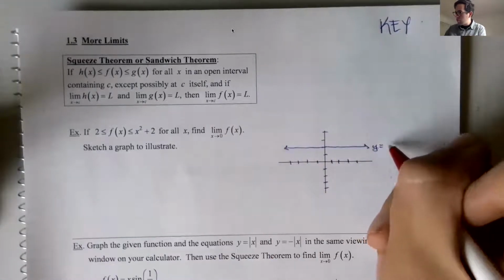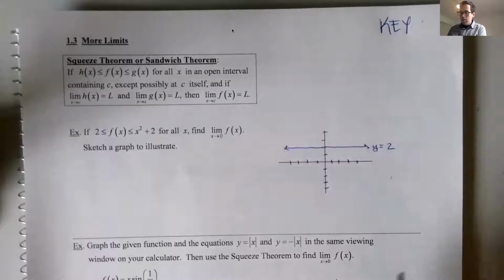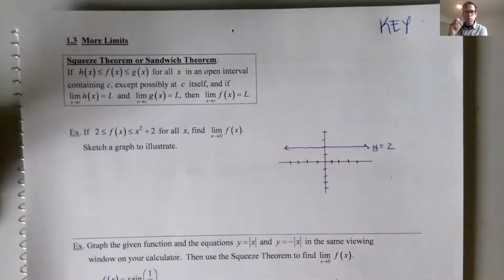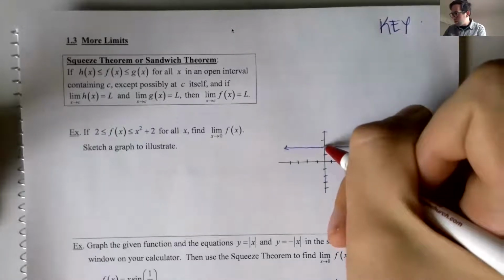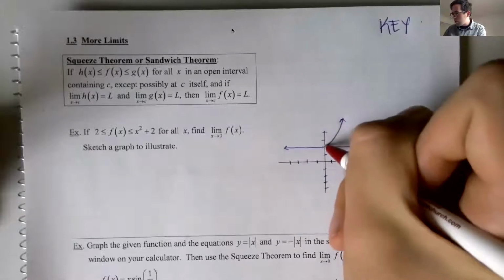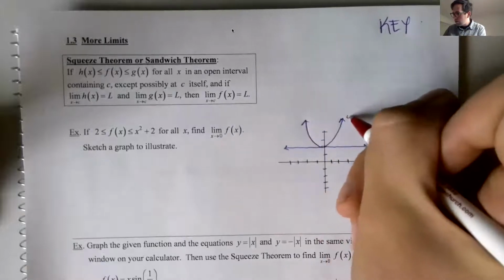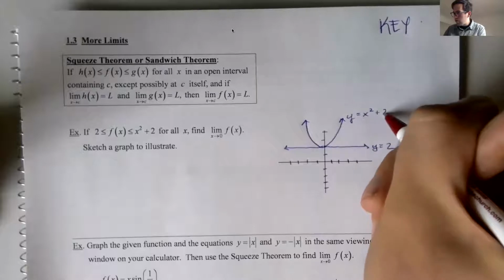So that's y equals 2. And then we also have x squared plus 2. That's a quadratic, a simple parabola, and the plus 2 means it's shifted up 2 units, right? So it's going to be up here like this. So that's y equals x squared plus 2.